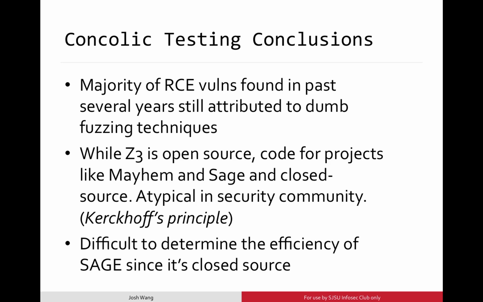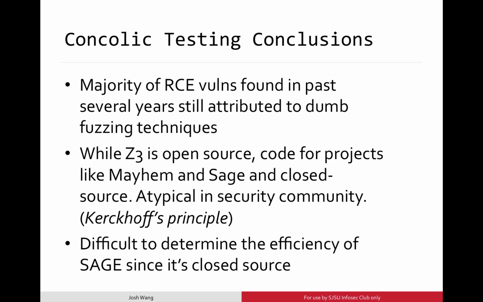Remember how we were talking about the ANI bug? The ANI bug was already found, and then they decided to compare if Sage would find it versus if the dumb fuzzer would find it, right? But that's not really a fair comparison, because if you know which code path will trigger the bug, that leaves you with cognitive bias, right? So that makes sense? Yeah. Okay, cool.